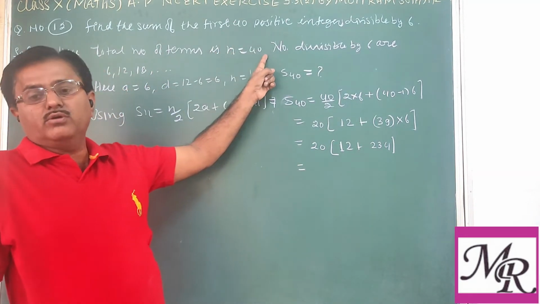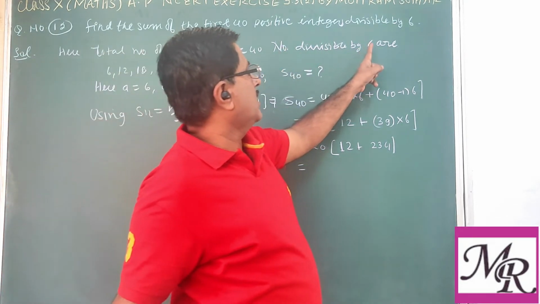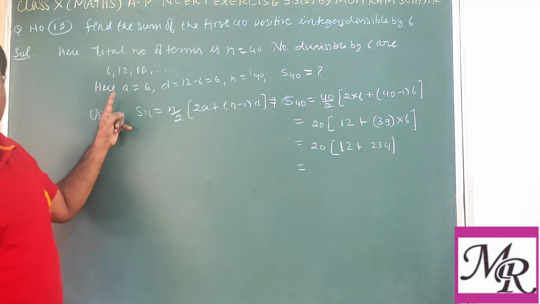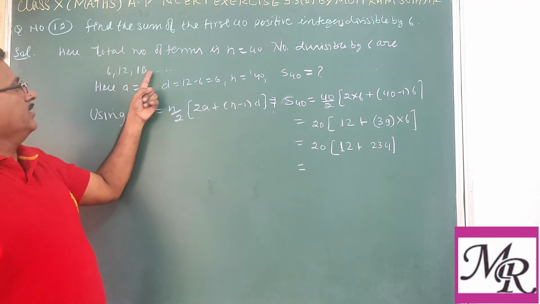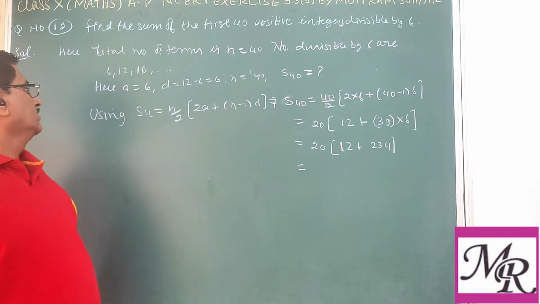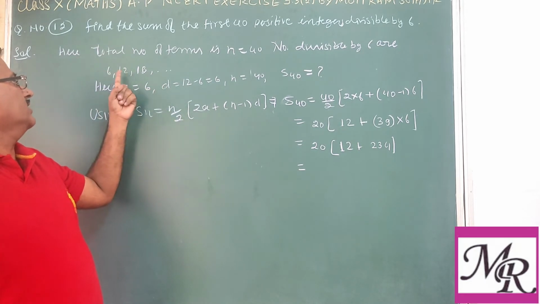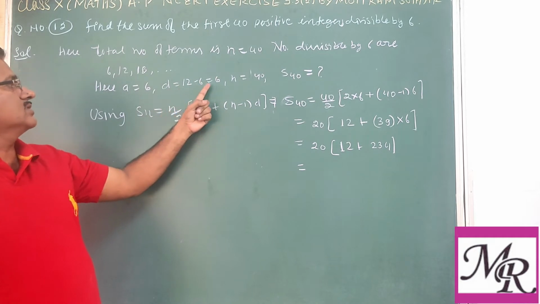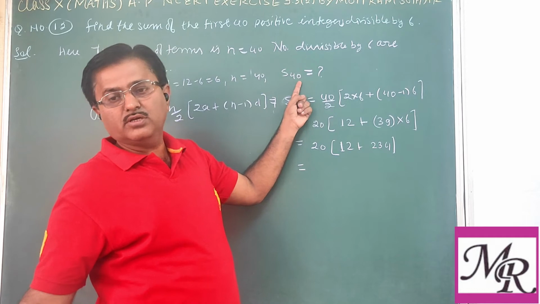The numbers divisible by 6 are 6, 12, 18 and so on. So the first term a equals 6 and the common difference d is the second term minus the first term, 12 minus 6, that is 6. n equals 40 and we want to find S40.